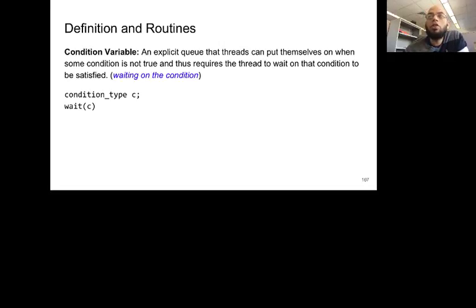So it's a queue data structure, where if a thread is waiting on a condition, be it a parent thread or a child thread, it just moves itself into this waiting queue. The threads in that queue will get woken up or scheduled only when the condition is true.